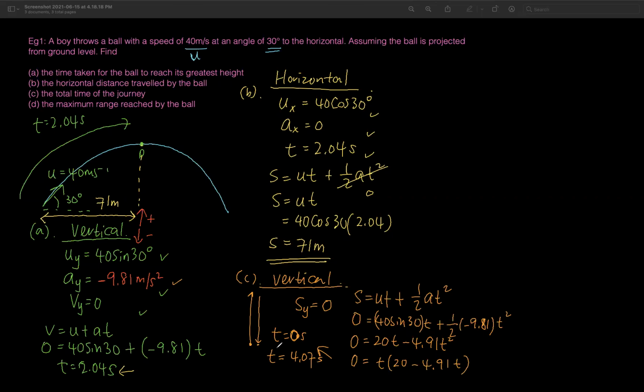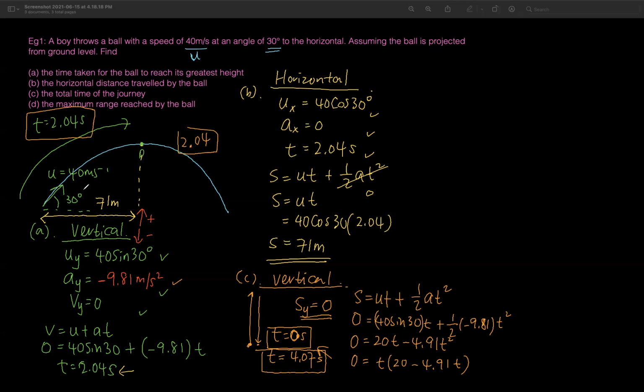为什么你有两个 time 呢？因为当你的 displacement 是 0 的时候，有两个 instant，第一就是你还没有丢它的时候，第二就是它回来的时候，所以 0 跟 4.07。然后你也可以看到 4.07 这个时间，上去中间你用 2.04 秒，对吗？所以 4.07 是整个，它是 twice the time. So here is another 2.04, and the total is 4.07.